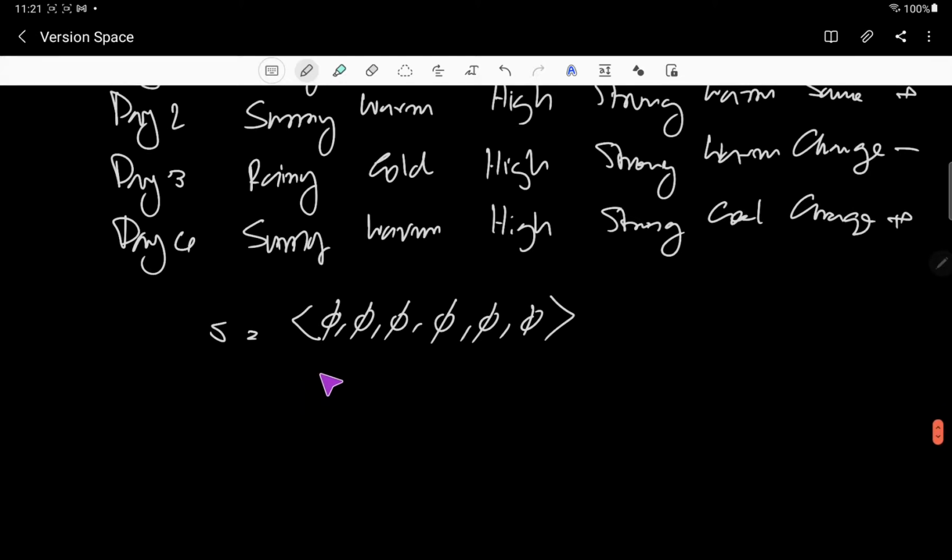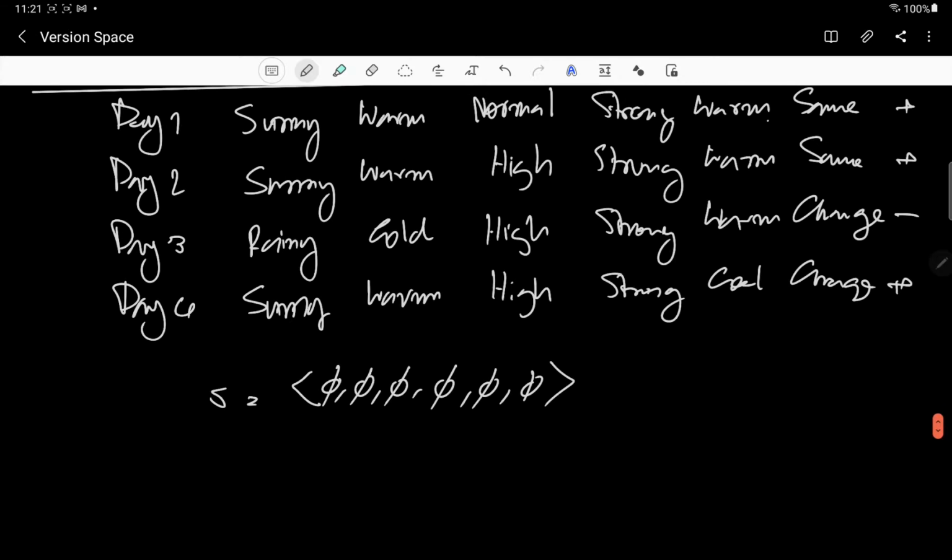It cannot cover day 1, so we have to change each attribute to be able to cover this one. We have to change the first attribute to be sunny.